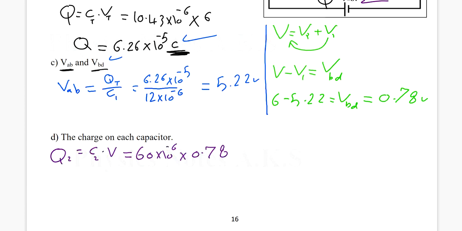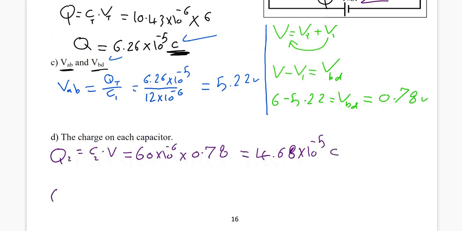So the value is 4.68 multiplied by 10 to the power -5. Okay, please check the numbers after me. Maybe I made a mistake or something. This is the Q in capacitor 2. Of course, remember the unit is coulomb.